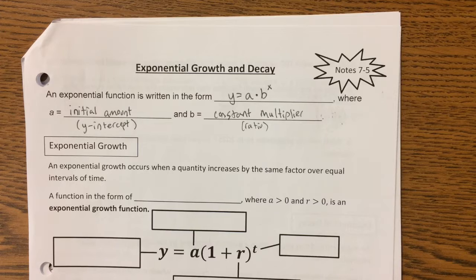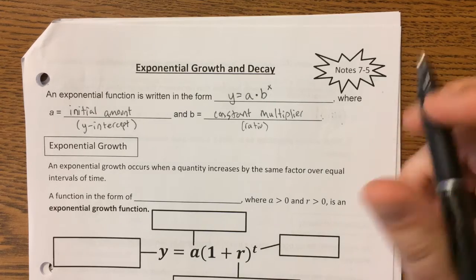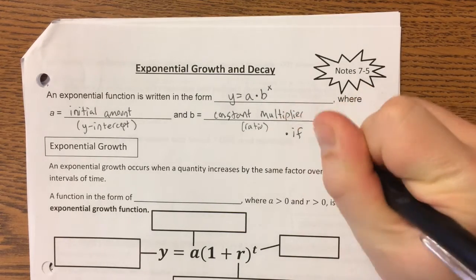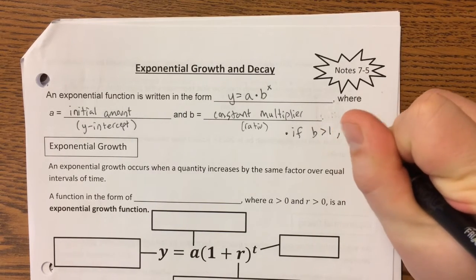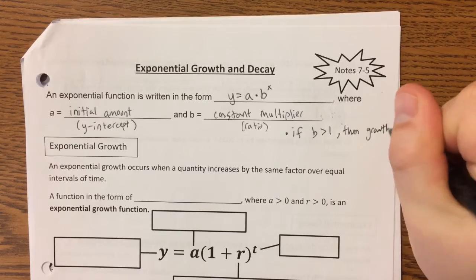And we saw that if that b is bigger than 1, are we going to have growth or decay? If b is larger than 1, like if your multiplier is something like 2 or 10 or 7 halves, any number that's bigger than 1, then we have growth.